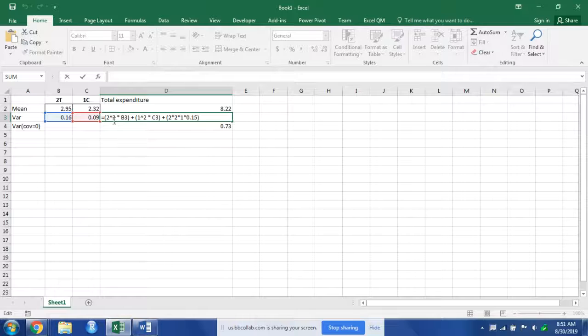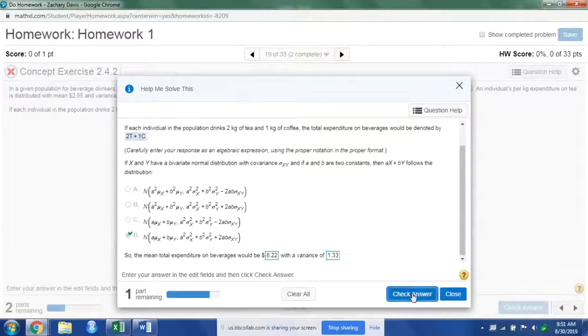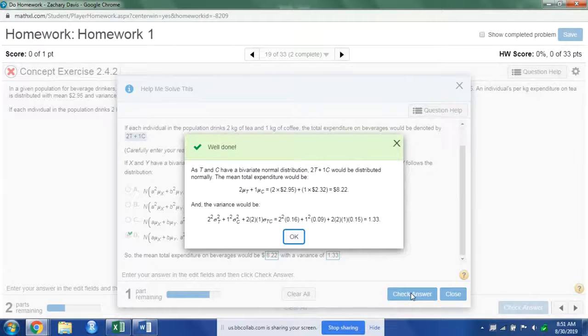The formula, we have 2 squared because there's 2 t's times B3, which is the variance of t, plus 1 for the coffee squared times its variance, plus 2, which was a constant, times 2 from 2 t's, 1 from 1 coffee, times our covariance of 0.15. Okay, so that's how we solve the first part of that.